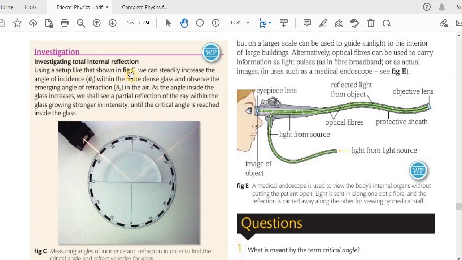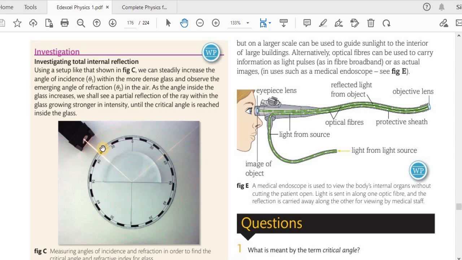Using a setup like that shown in figure C, investigating total internal reflection, if you look at the experiment video, you will understand everything here. Now if this angle here, which is the angle of incidence, is less than the critical angle, then you will have some refraction here. But in this case, the angle of incidence is greater than the critical angle, therefore there is total internal reflection.